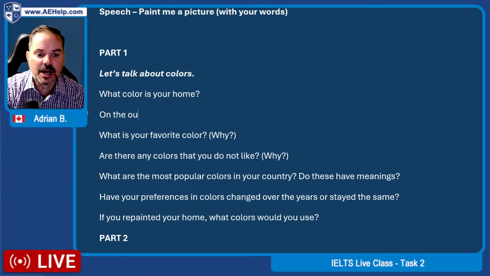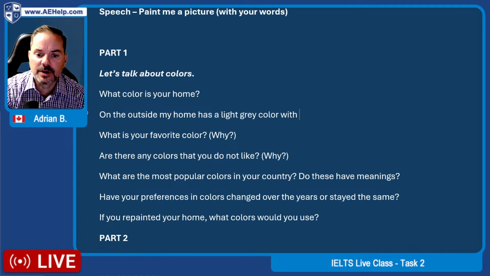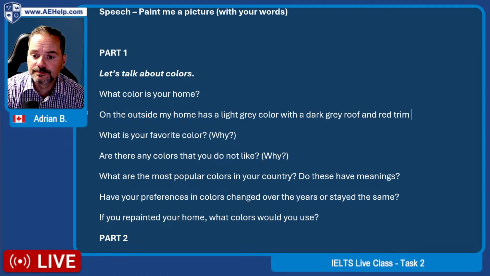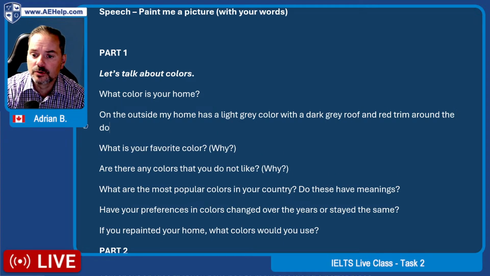On the outside, my home has a light gray color with a dark gray roof and red trim around the door and windows.